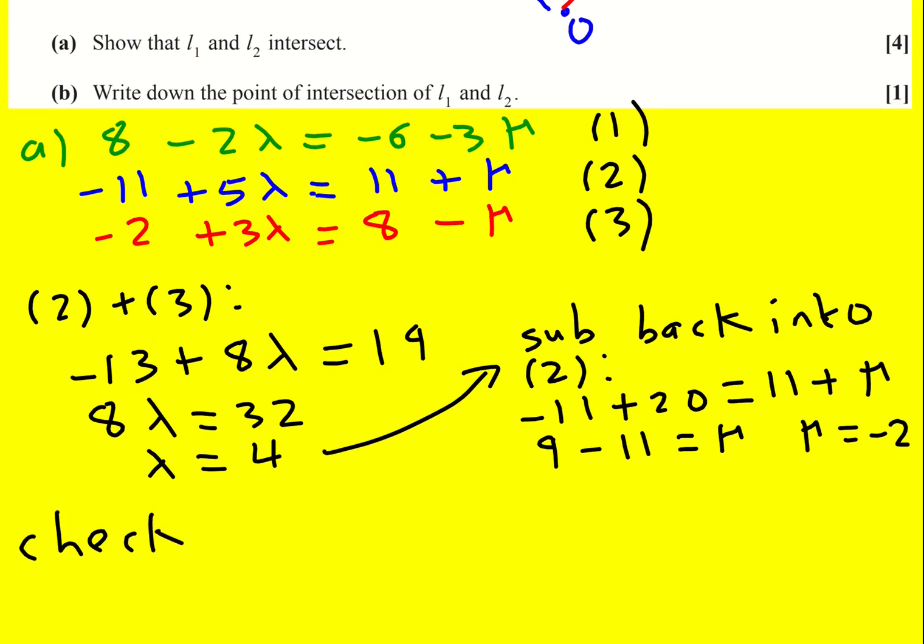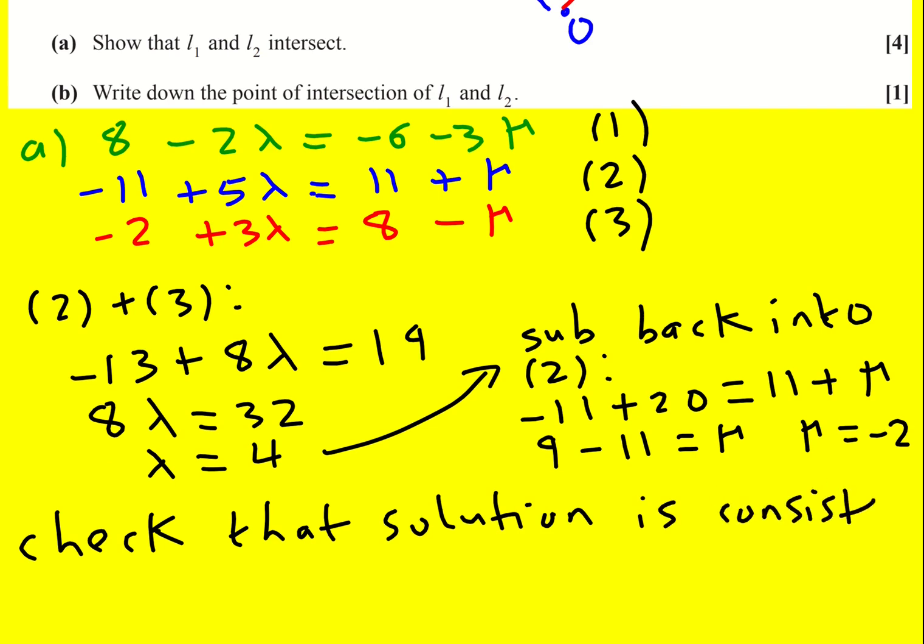So check. That solution is consistent with equation 1.